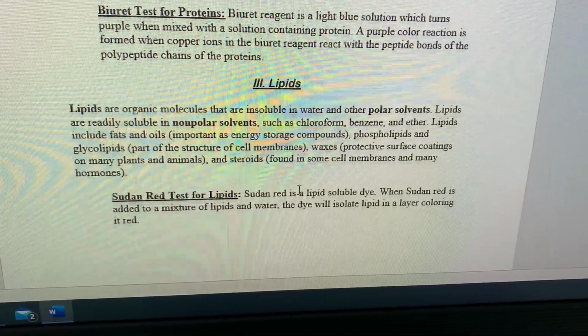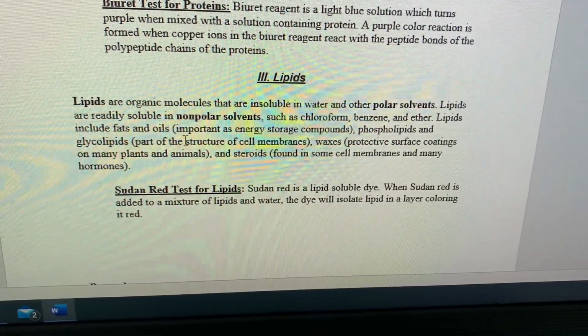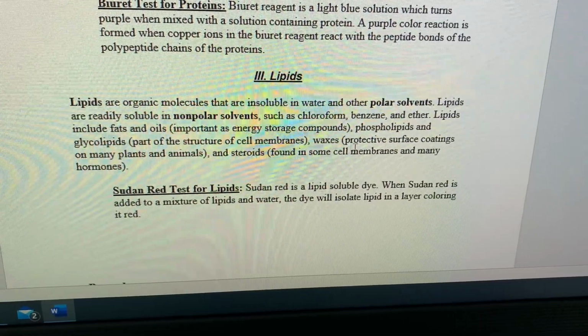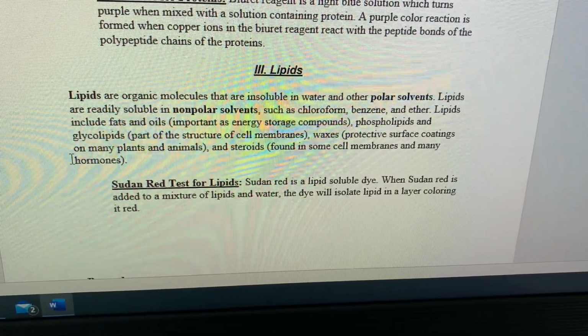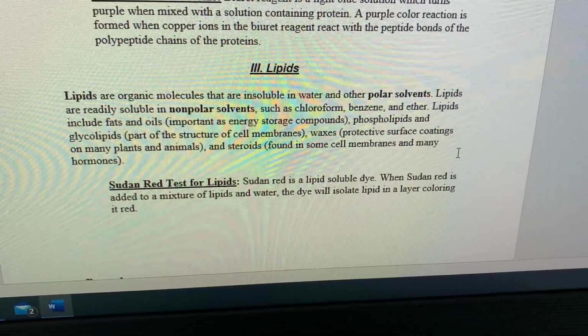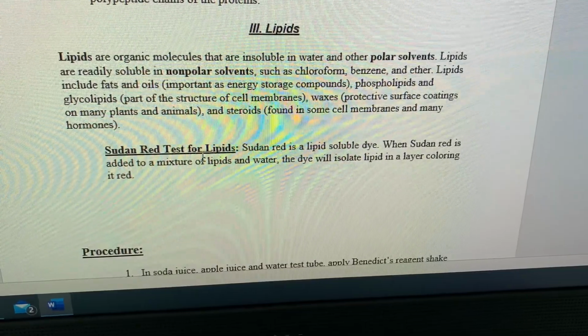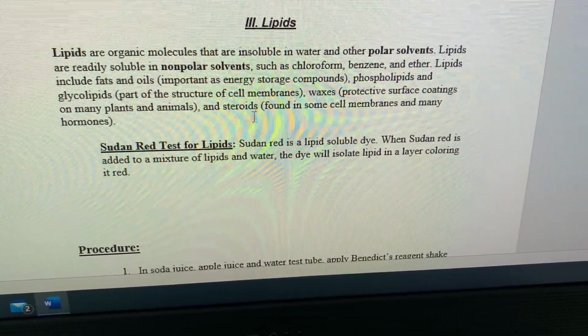As for lipids, as you know, an example of lipids is oil. If you mix oil with alcohol, it will dissolve. It will bind together. So in order to separate oil from alcohol or benzene, we use something called Sudan red. Now Sudan red won't actually change any color.